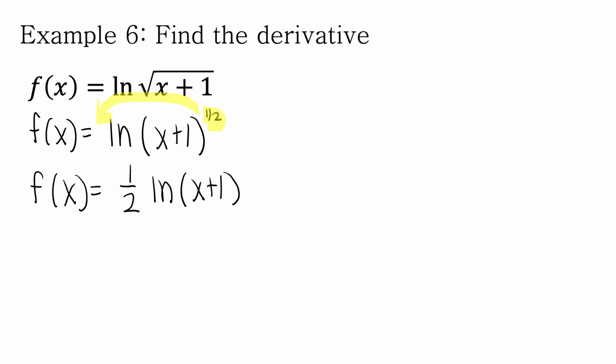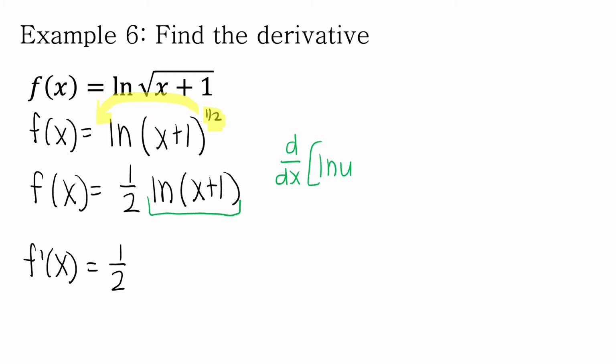So when I take my derivative f prime of x, my constant multiple 1/2 is going to stay, and now I can handle the derivative of the natural log of x plus 1, and in this case, I'm going to want to remember that the derivative of the natural log of u is equal to u prime over u, so a basic chain rule here.